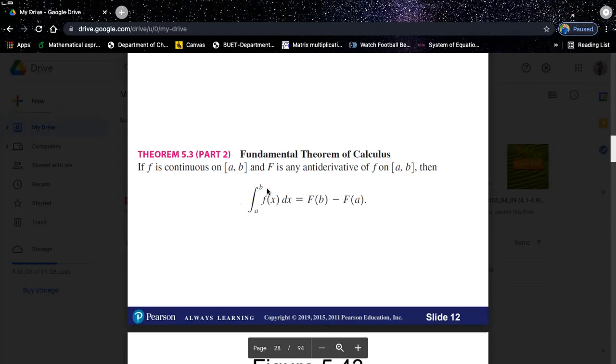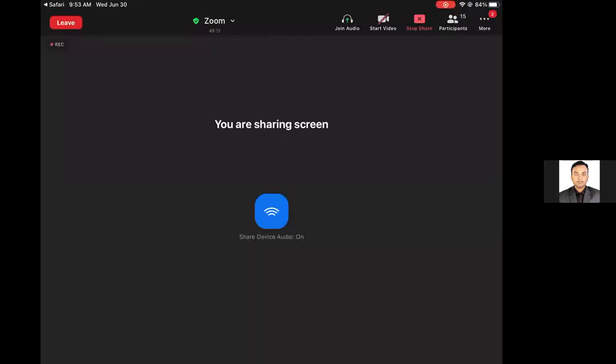Then we evaluated that antiderivative at these limits, and we plugged in the upper limit first and then subtracted the lower limit. Now can you remember? Let me start sharing the screen now. I think we have seen enough slides. Now we can see some examples, and then you can practice in pairs or in groups later on.